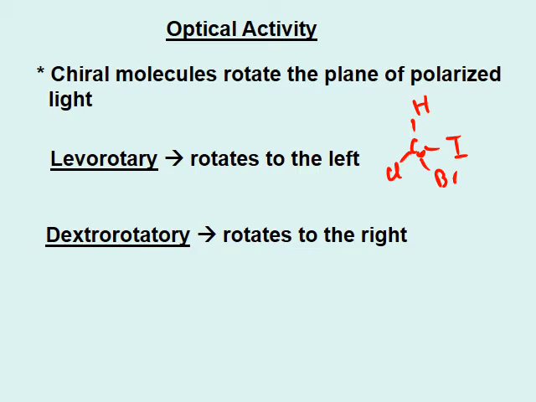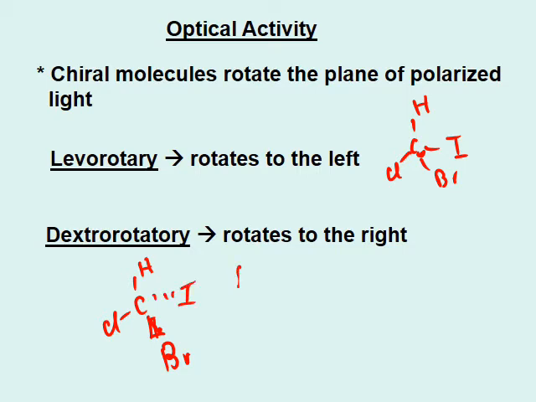Let's draw a better picture at the bottom. So C, H, Cl, and then let's have a thick line, and Br is projected towards you, and I is away from you.